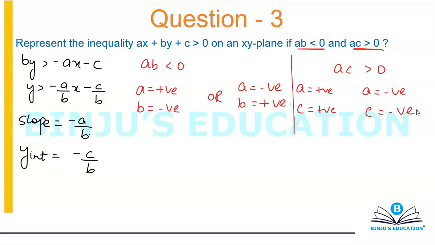Now I need to take what is common. If A is positive, B is negative, this and this case can combine, and A negative, B positive, A negative, C negative, this and this case can combine. So basically I can say A positive, B negative, C positive, or A negative, B positive, C negative. These are the only two cases that can happen.